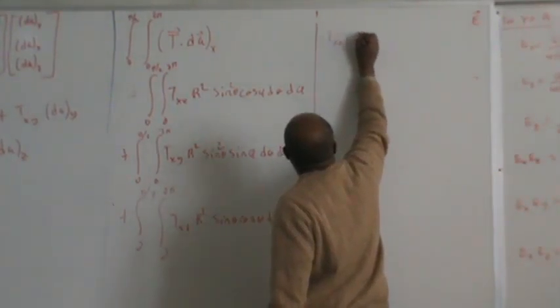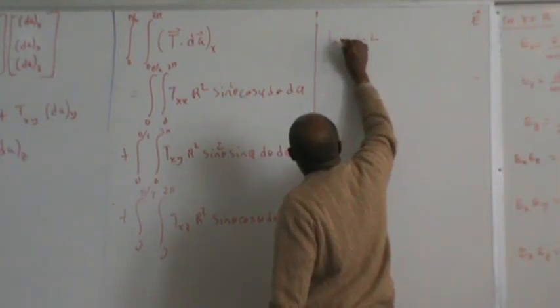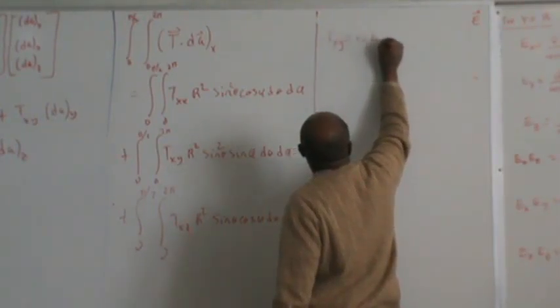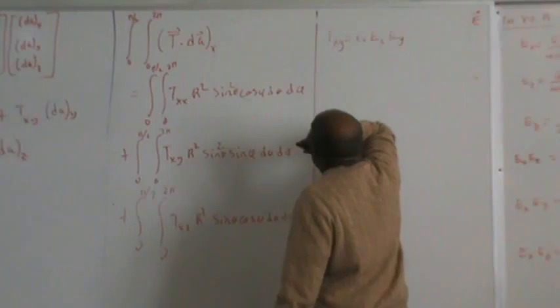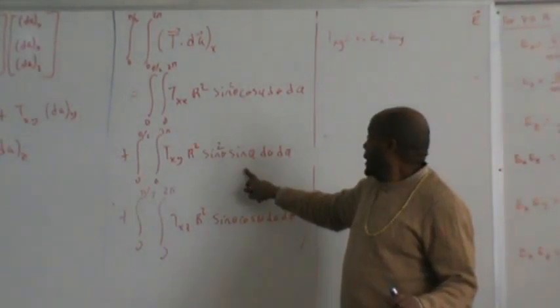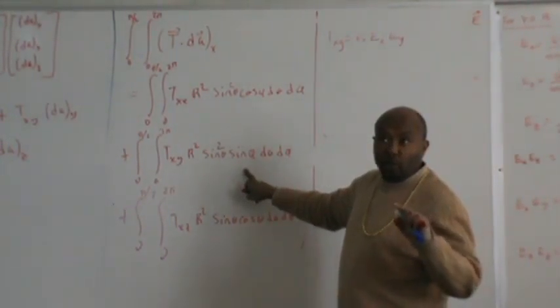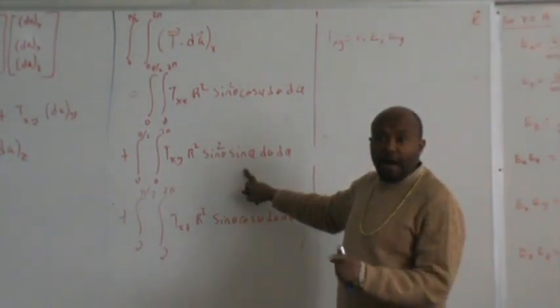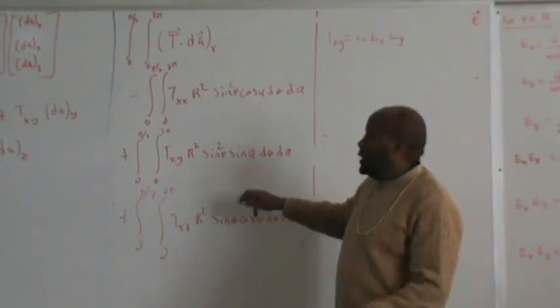Txy is epsilon naught ex, ey. Now ex, ey is this, right? So you have sine phi cos phi, right? And from this you have sine phi, so that's going to be sine squared phi cos phi d phi, right?